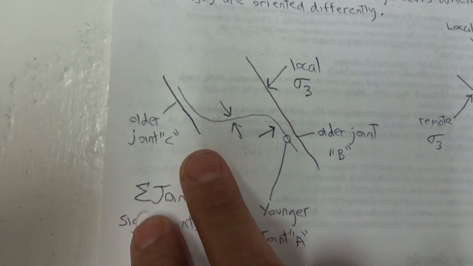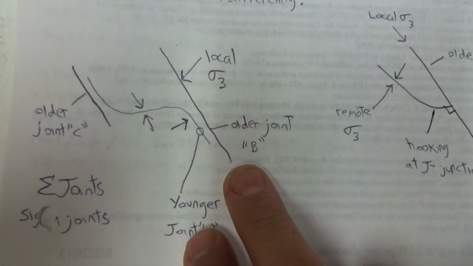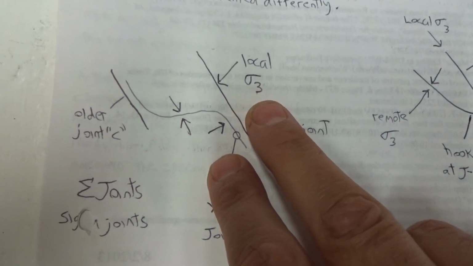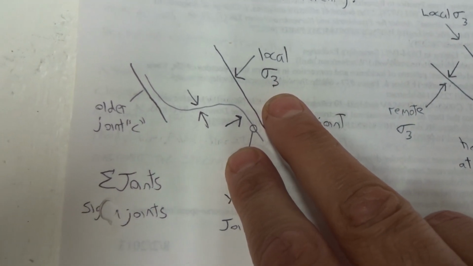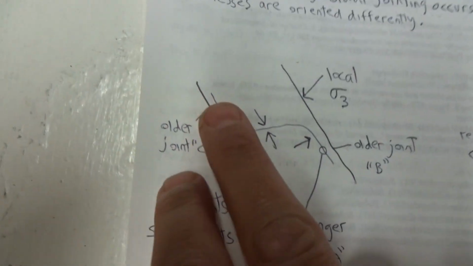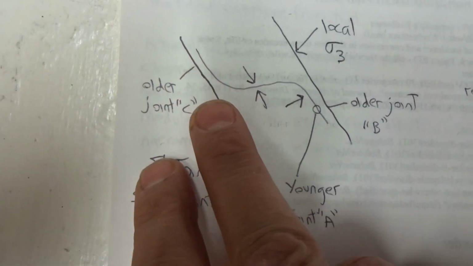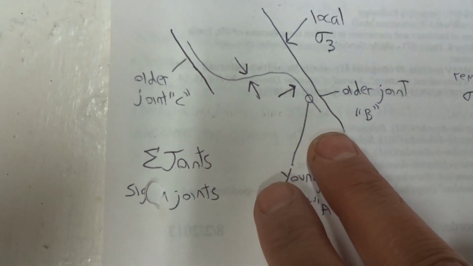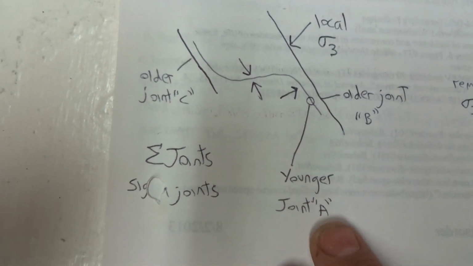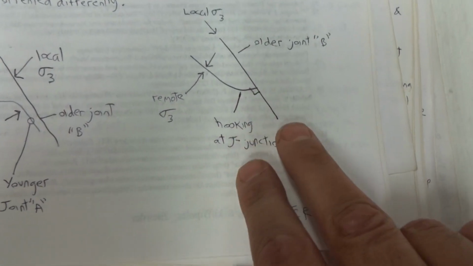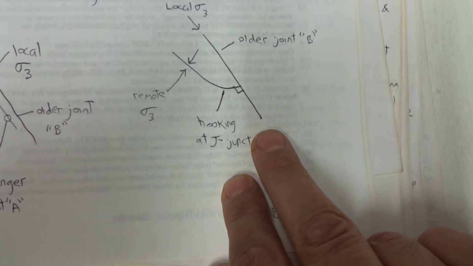Here we see an older joint C and an older joint B. Here's stress sigma 3. Here is the newer joint, and so it curves and forms a sigmoidal pattern. It is younger. In this case, we have an older joint B, which is continuous.